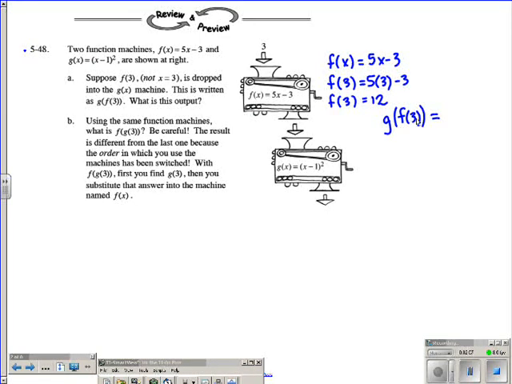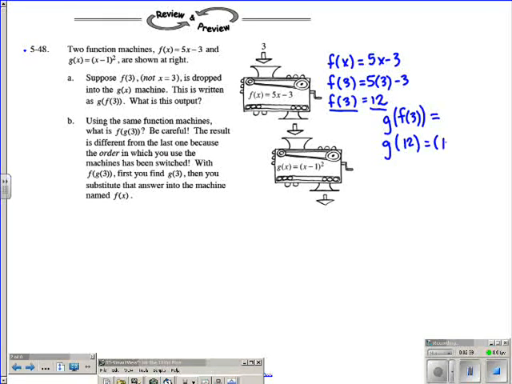Well, we know that our function f, when we put 3 into it, has a value of 12. So we can take this expression, because f of 3 equals 12, and replace the f of 3 with the 12. This would be the same thing as saying g of 12, and let's plug that 12 in over here.